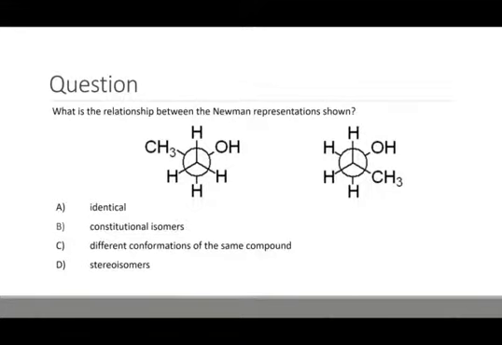So yet again, we know if we just look at them very simply, they're not identical because the Newman projections are not the same. So they could be constitutional isomers or they could be a rotation. So I implore you to think about if we can rotate this molecule to equal this molecule.